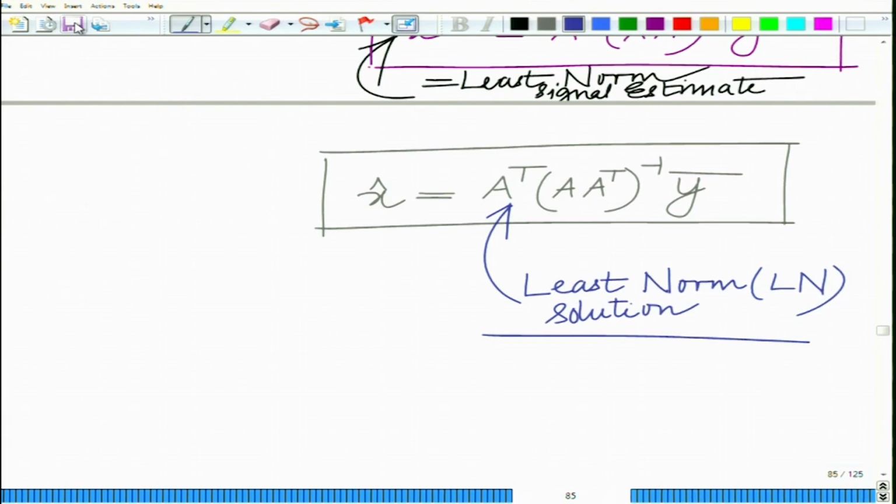And as I already told you, this is well suited for scenarios where it's an under-constrained system, that is you have fewer equations than unknowns, which means there are infinitely many possible solutions. So you have to introduce additional constraints. We want to find the solution which has the minimum norm or the minimum energy, and this expression gives you a closed form expression for the minimum norm solution. Alright, we will stop here. Thank you very much.